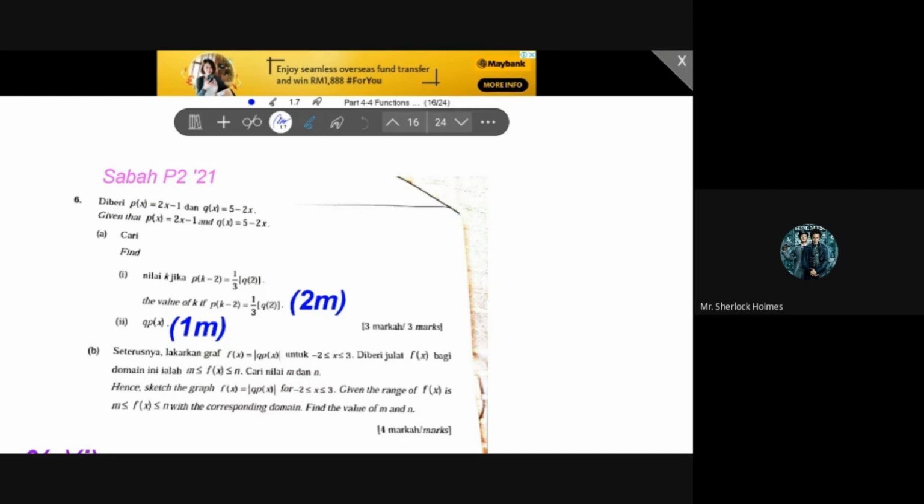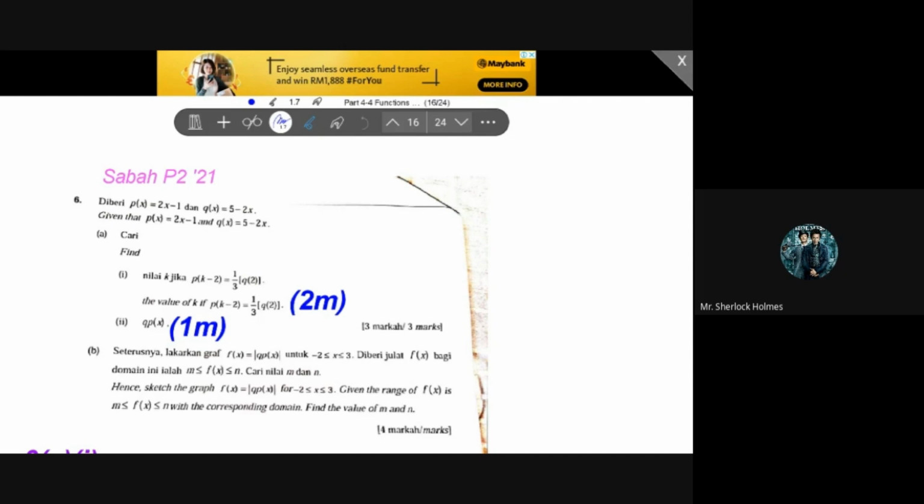K equals 8/3. Yes, very good, Mr. Sherlock Holmes. What was your name again? Can you tell? I forgot already, because so many people are using unknown names here. Kantan. Okay, very good, Kantan.